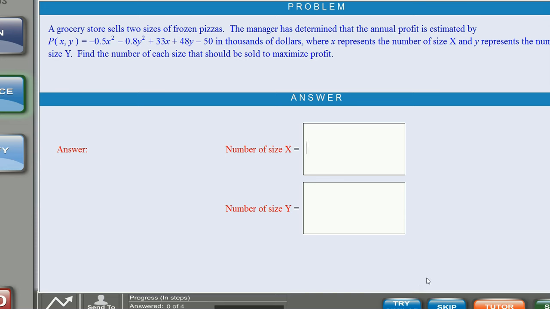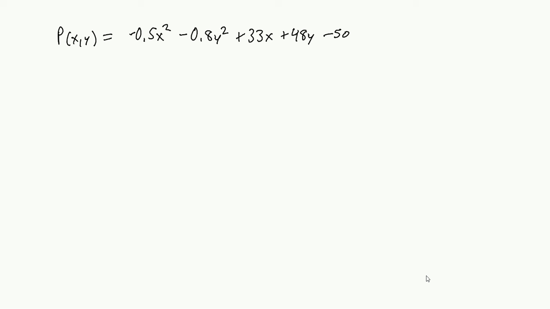Okay, so I've got my function copied down over here. We need to get our derivatives. With respect to x, this would be negative 0.5 times 2 is negative 1, so negative 1 x. The derivative of 33x would be 33. Everything else is 0. With respect to y, negative 0.8 times 2 is going to be negative 1.6 y. The derivative of 48y is going to be 48.